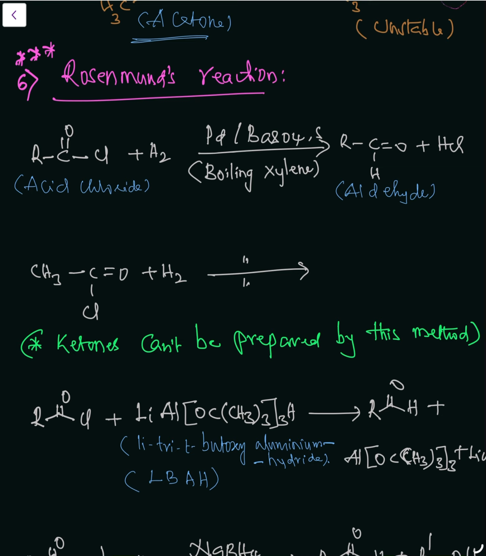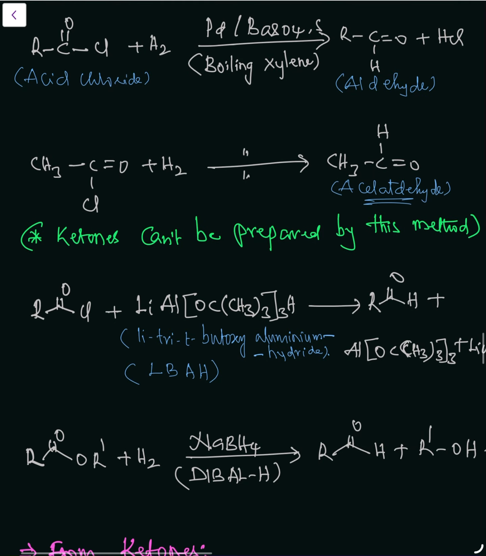Let us see one example. Acetyl chloride, when it reacts with hydrogen, the same reagent is taken. Then the compound formed is CH3C double bond OH. This is acetaldehyde. So here I showed ketones cannot be prepared by this method.